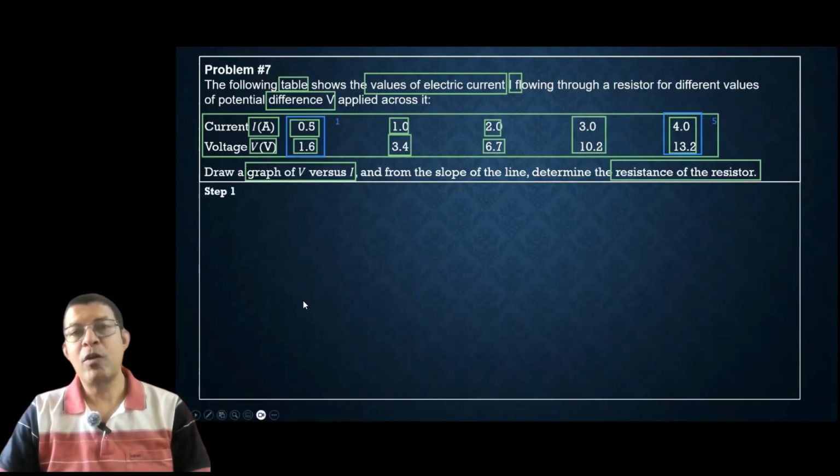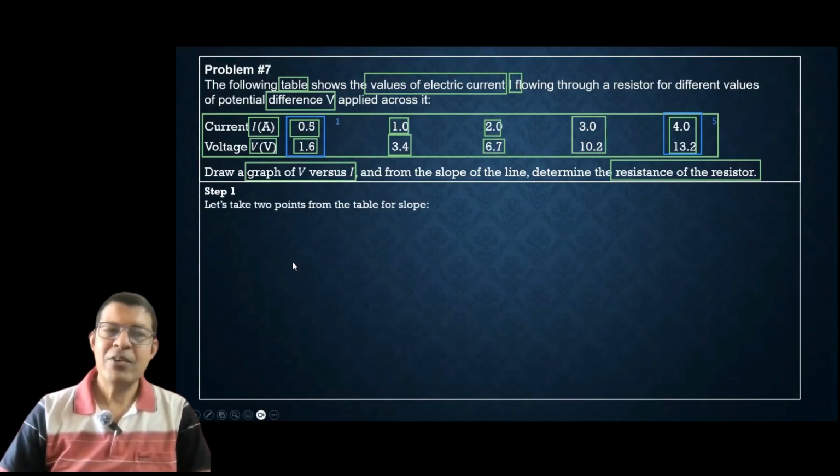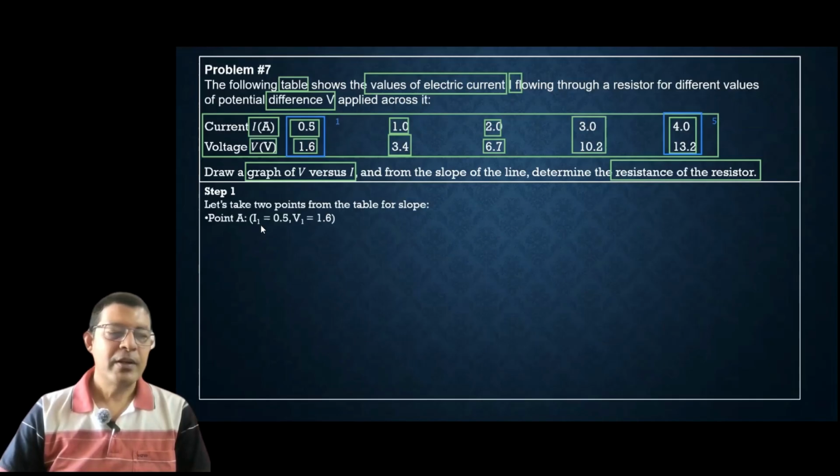From here, we are going to solve the problem now. Step 1: we have taken the 2 points from the table to identify the slope. What is the current for the first point? First point current is 0.5, and voltage is 1.6.